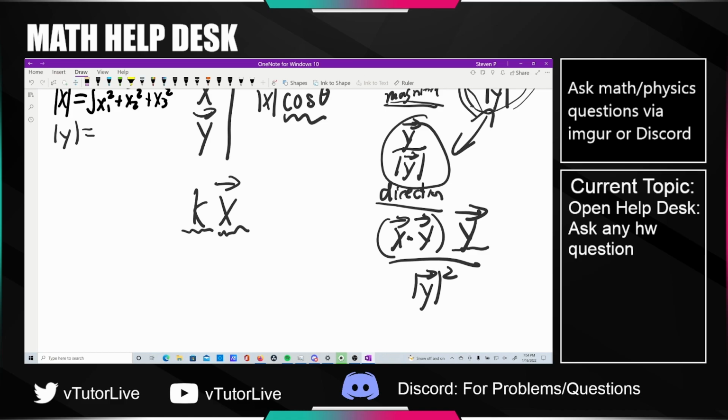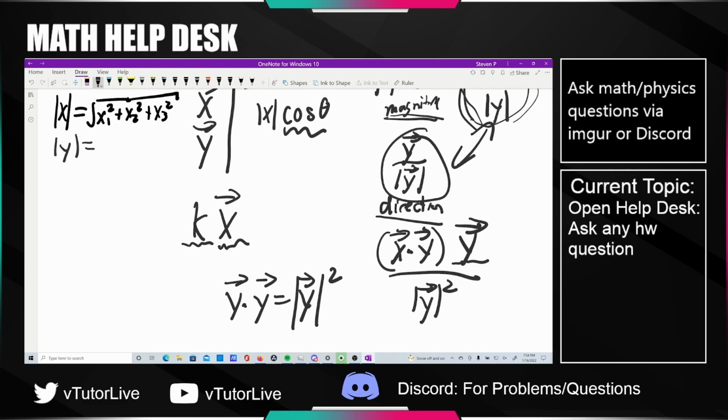Because y dotted with y itself is equal to y squared. Do you actually know why that is? Let me just demonstrate the equivalence. We said earlier that the absolute value of y is equal to, well, I'm just writing out y1 squared plus y2 squared plus y3 squared. So that means that the absolute value of y squared, well, you just get rid of the square root signs: y1 squared plus y2 squared plus y3 squared.